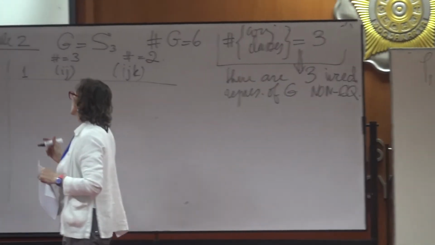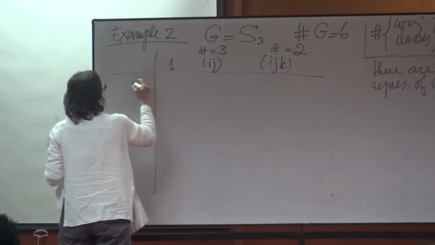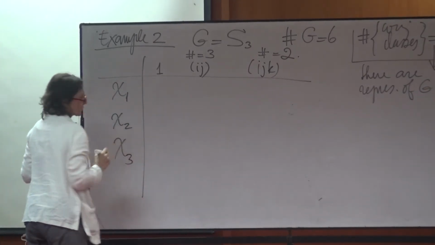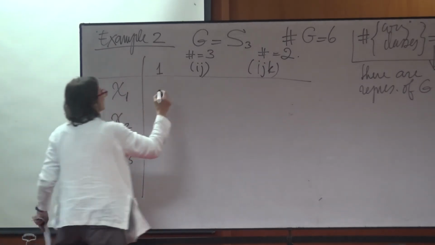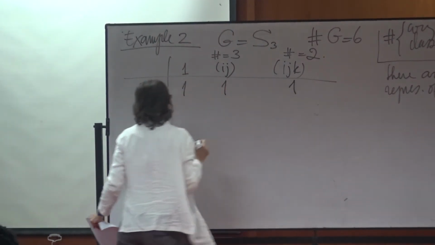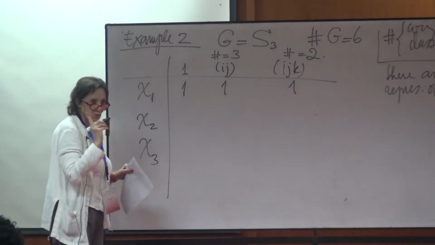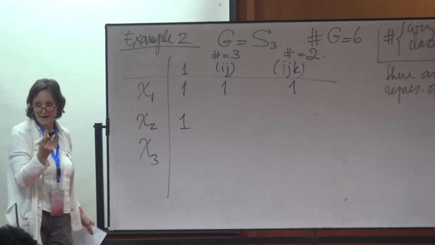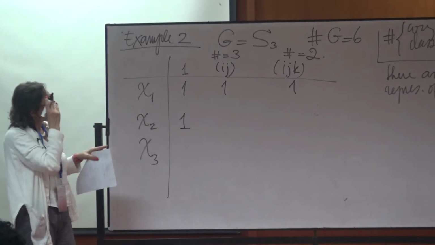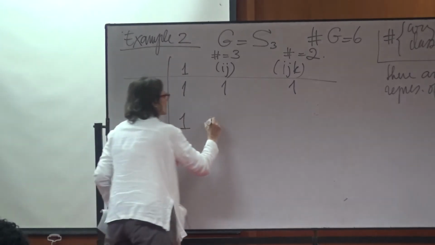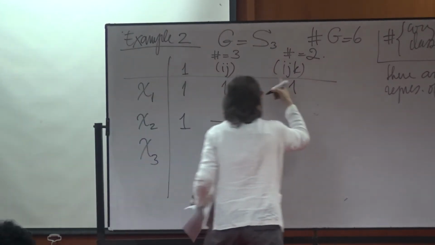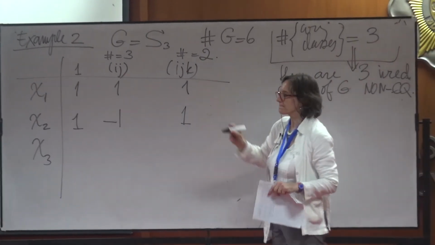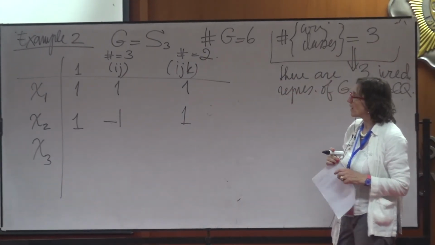Okay, and now we write the characters chi 1, chi 2, and chi 3. Chi 1 is the usual one: 1, 1, 1. Chi 2 is one-dimensional, so the trace of the identity is 1. The sign of the transposition is -1. And the sign of a 3 cycle is 1, since this is even.